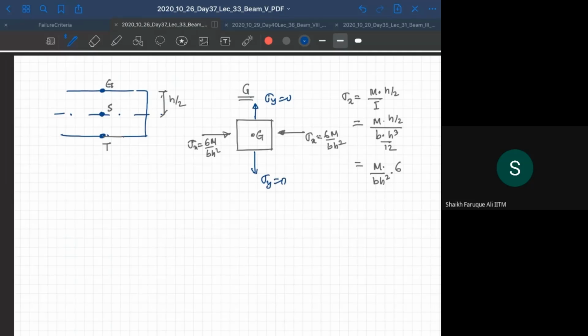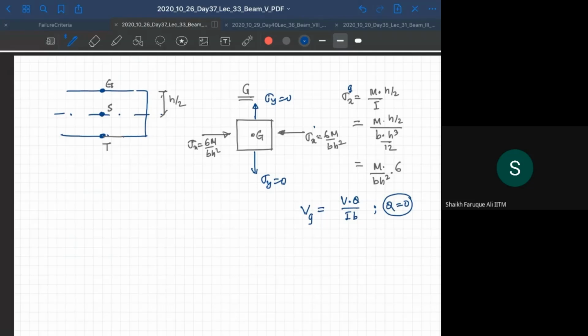Now, what about shear stresses? Let's look at shear stress here. Shear stress is going to be V at G, V Q by I B. And what is Q? Q is 0 in the top layer, right?